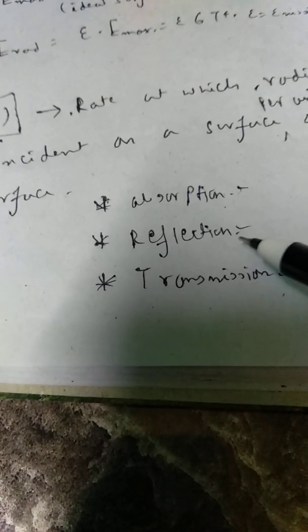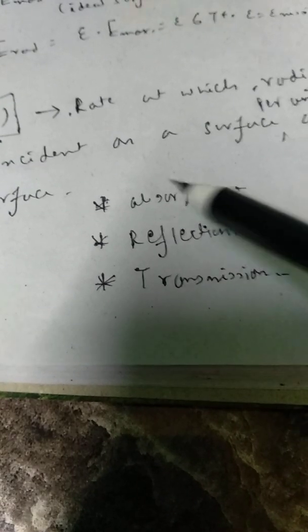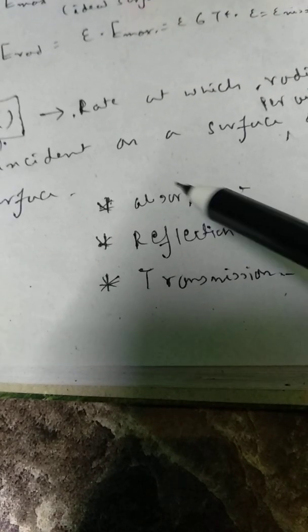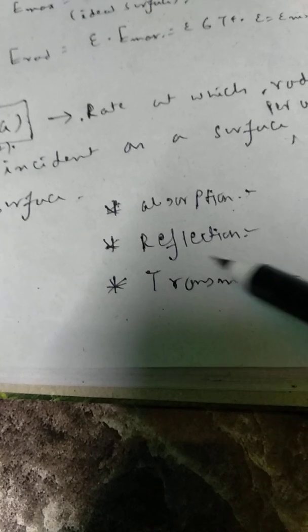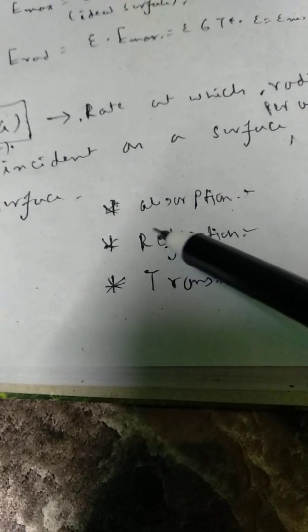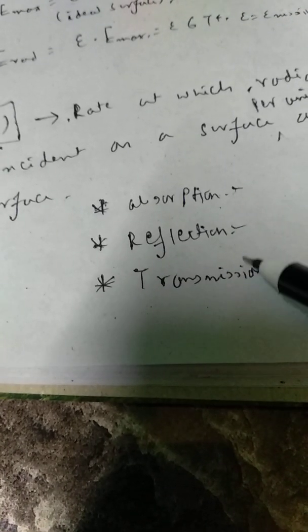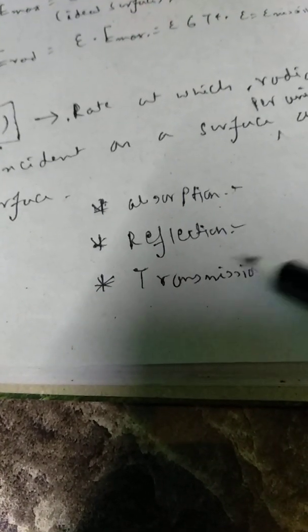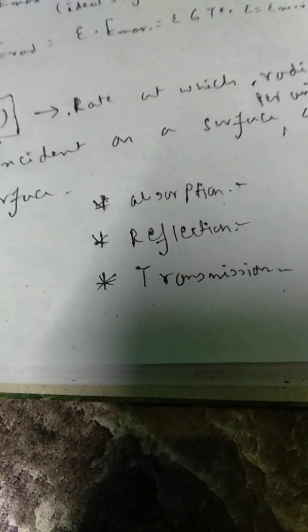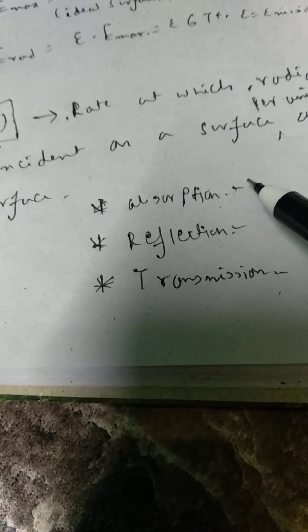That energy from the sun gets absorbed if it is an opaque body, or it gets reflected if it is, suppose, a glass surface or a mirror, or any such object, or it can get transmitted if it is a transparent body, then the light gets transmitted. Similarly, it will happen for all the surfaces on which the irradiation is being considered.